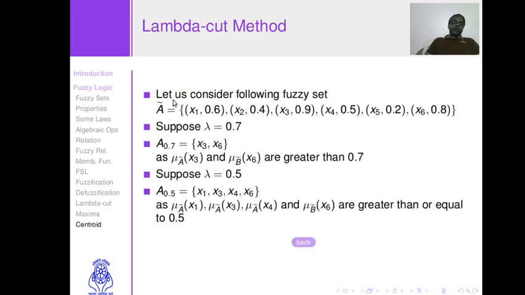Let us consider a fuzzy set A given like this. Here we have 6 elements, x1 to x6, with their degrees of membership. Suppose lambda is given as 0.7. So compare the degrees of membership of the elements in fuzzy set A with lambda.